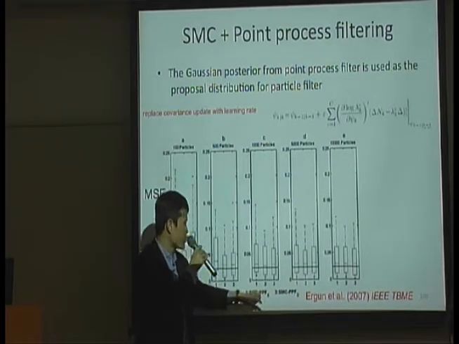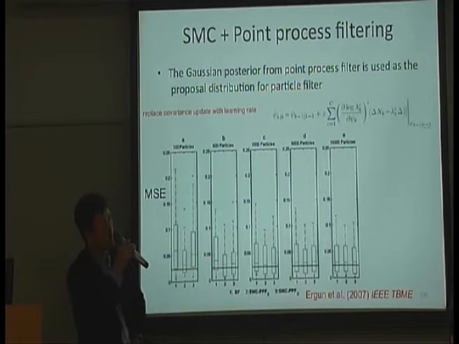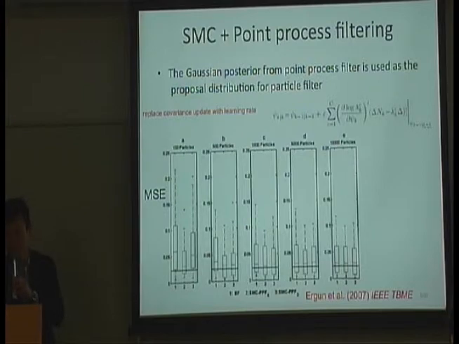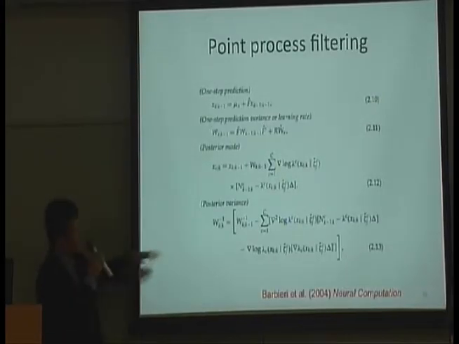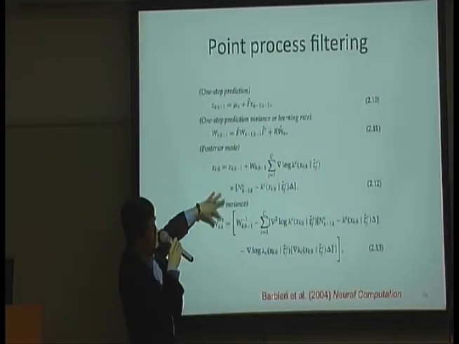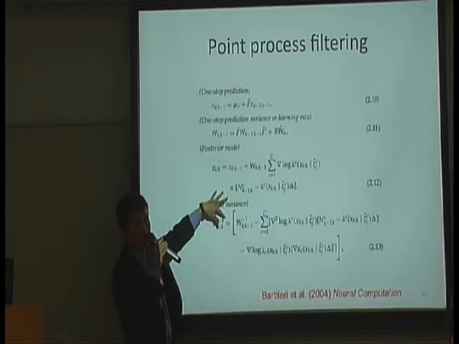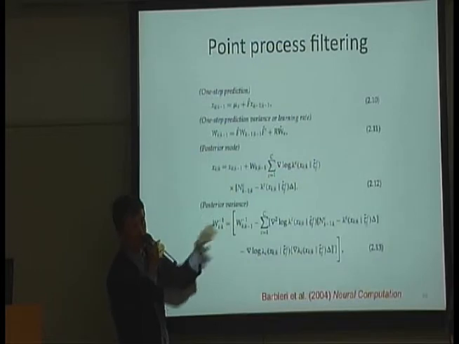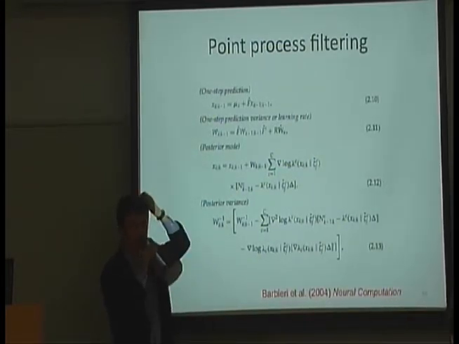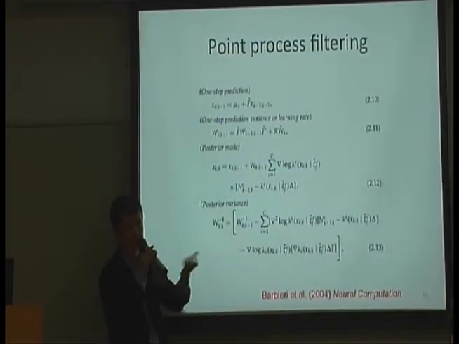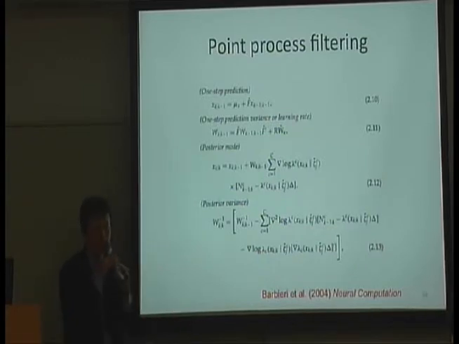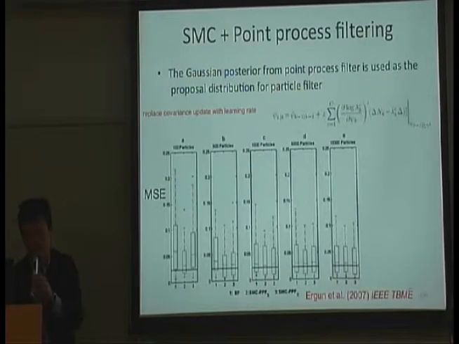The other uses the point process filter, so you have a Gaussian approximation here, the Gaussian mode. I can draw samples from this Gaussian, since we have the mean and covariance, and use these particles from the Gaussian to hopefully get a better representation based on Monte Carlo. It turns out yes.